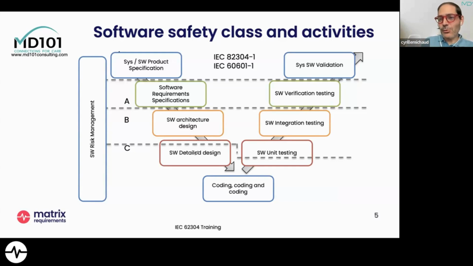The topic of today will be the right arm of the V-cycle, namely software unit test, integration test, and verification test. And we will see throughout this presentation how we can document and store evidence of IEC 62304 conformity with Matrix Req functionalities.